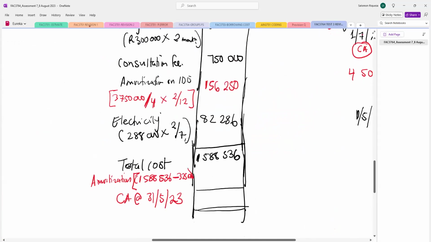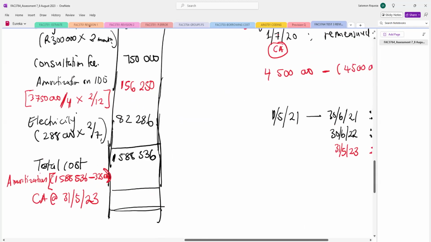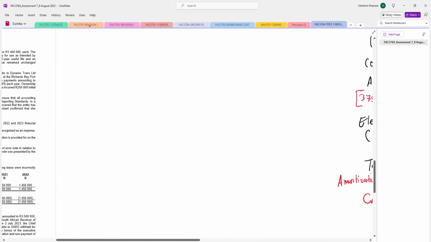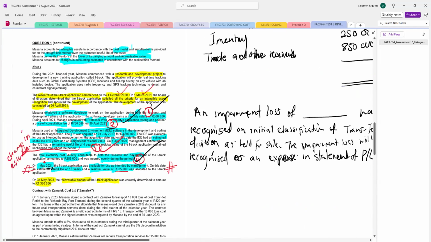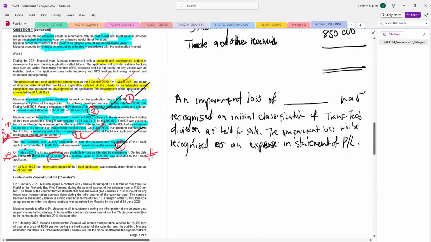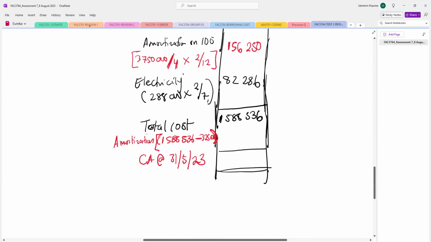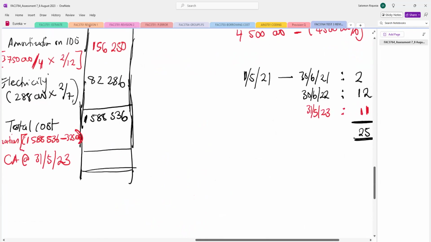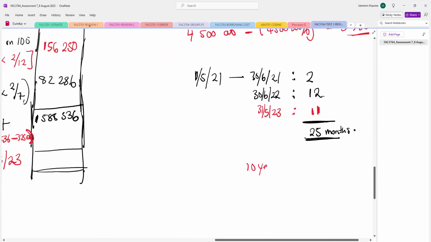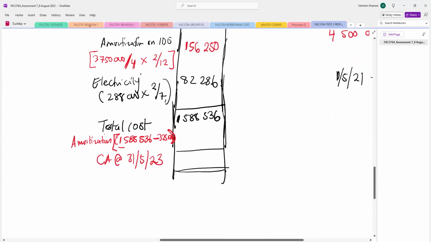Then the useful life is 10 years, so I'm going to divide this by 10, or I can change everything to months. 10 years multiplied by 12 gives me 120 months. So I'm going to divide by 120, and multiply by 25 months.